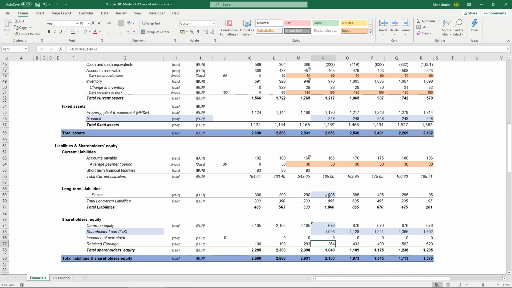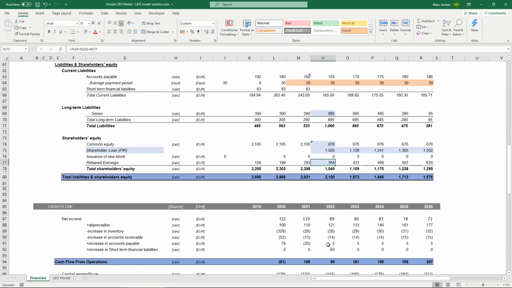But we will want to make sure that all the cash is either used for paying down the debt or remains in the company. This company, before the LBO, was a dividend paying company. We now will reset the dividends, which will have an impact on the retained earnings. Let's mark this, and let's go back to that.